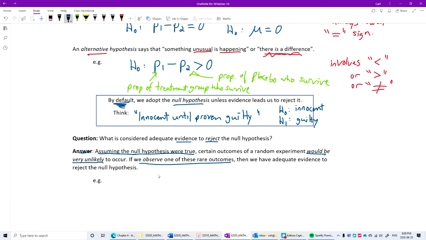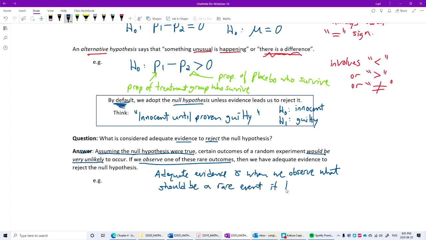Let's write that down. Adequate evidence is when we observe what should be a rare event if the null hypothesis were true.